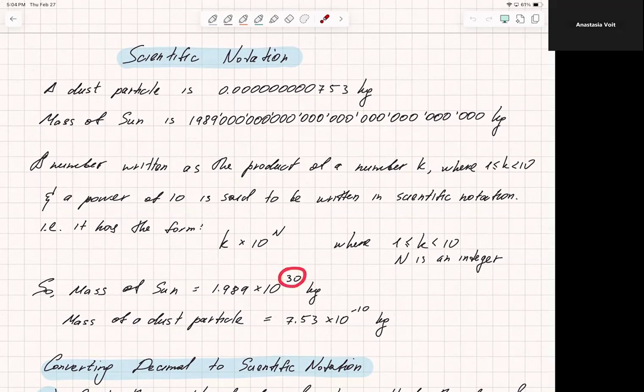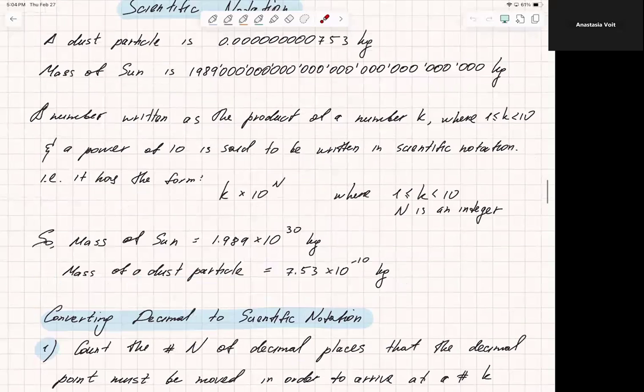For a positive integer, we would have a really big value, so in hundreds or thousands or 100,000s and so on. For the negative value, we would have a really small value, like the mass of a dust particle.